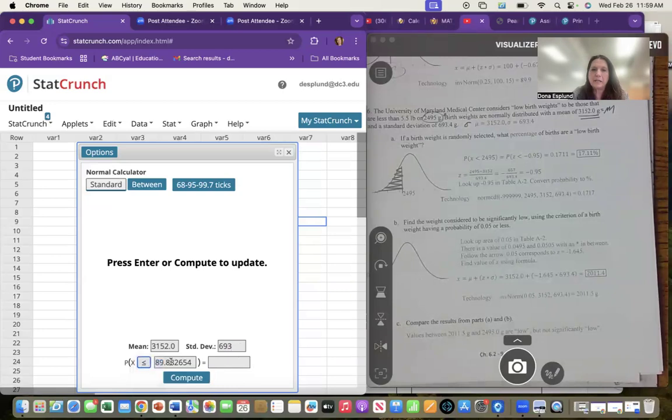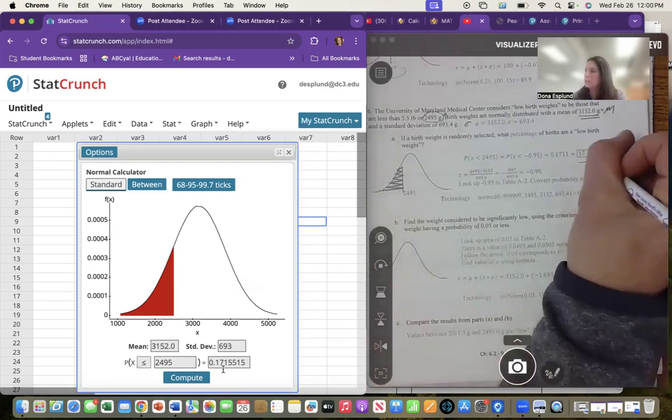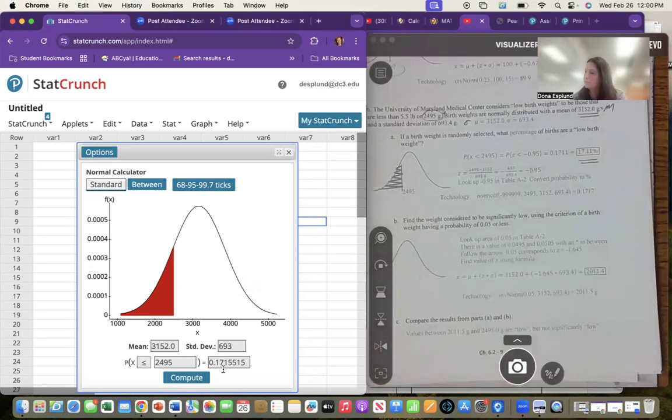Oops, I have it less than. And I'm going to keep that as 2495. And I'm going to ask it to compute. Notice when I plug that into my calculator, I get the answer for my percentage as 0.17, which indicates over on my homework that it's going to be 17.11%.